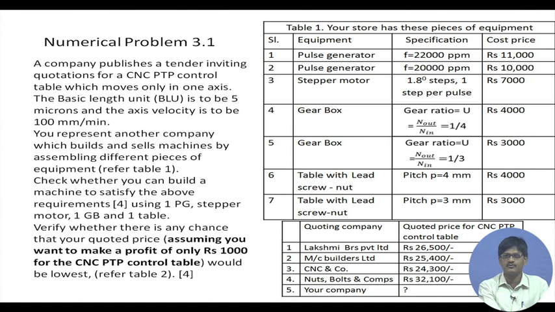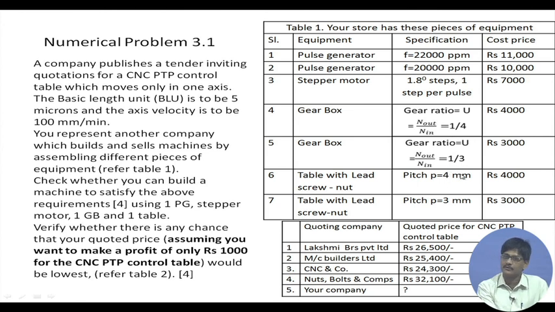So, we could well choose this combination, but we could also choose gearbox item number 5, 1/3, and the lead screw with pitch equal to 3, item number 7: 1/3 and 3, or 1/4 and 4.